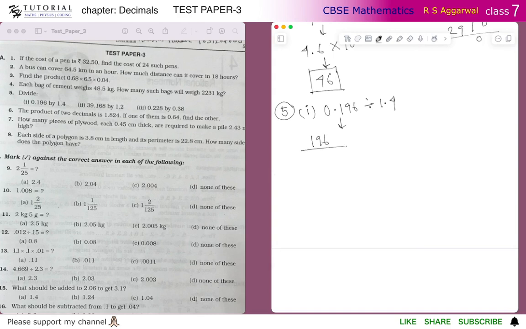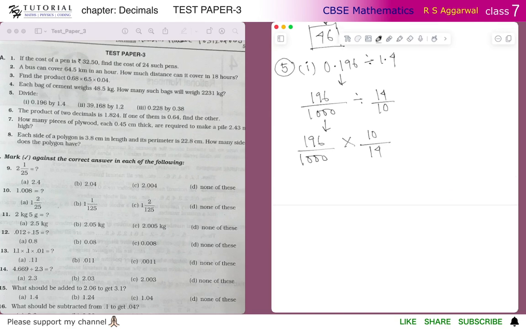So this becomes 196 by 1000 divided by 14 by 10. Now we know that division means multiplication by the reciprocal of the divisor. Dividing by 14 by 10 means multiplication with the reciprocal of 14 by 10, that is 10 by 14.